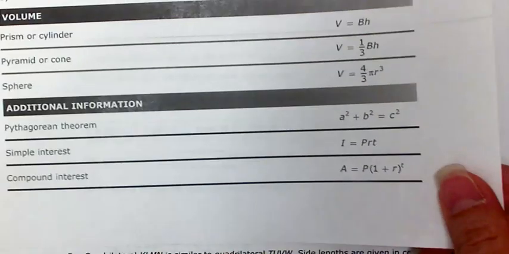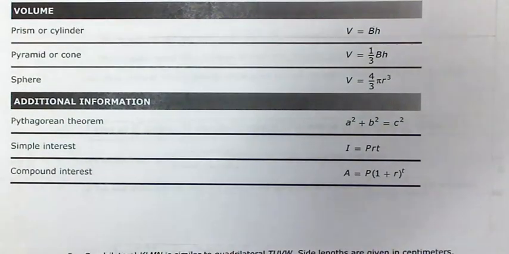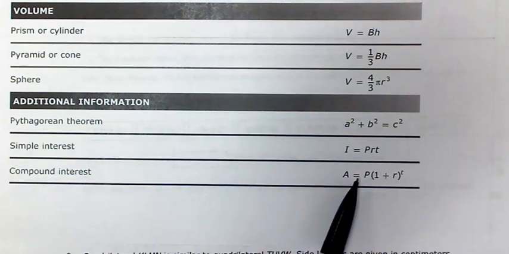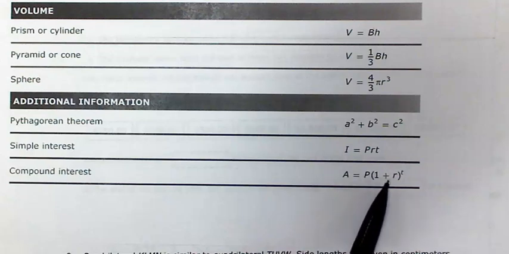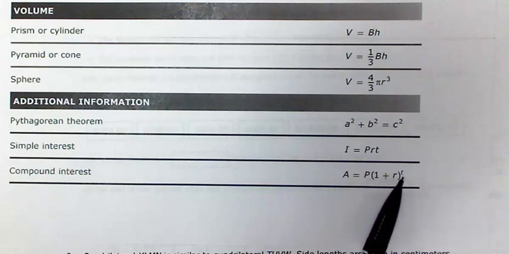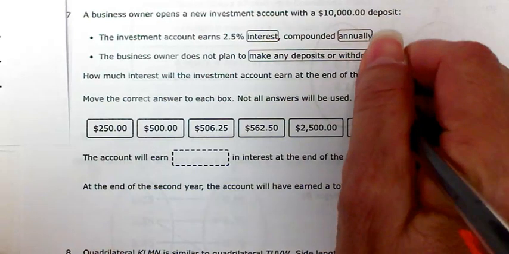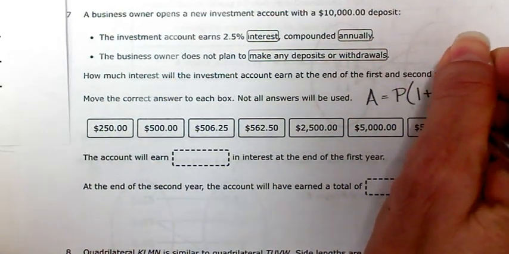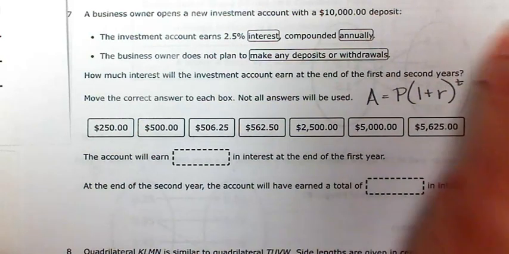Okay, so here's what we need to do. A is the account balance, which is equal to the principal, what you put into the account in the first place, times 1 plus your interest rate, raised to the number of years. So I'm going to write that down real quickly. A equals P(1 plus R) to the T.